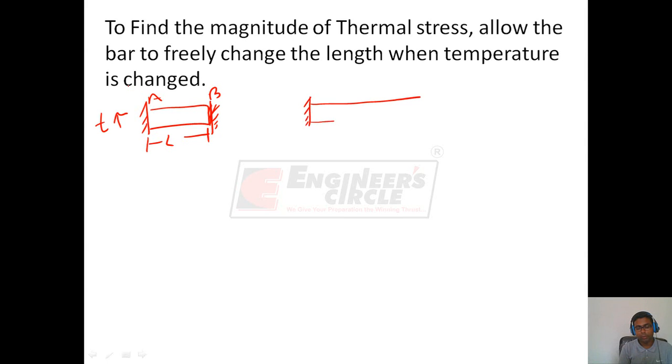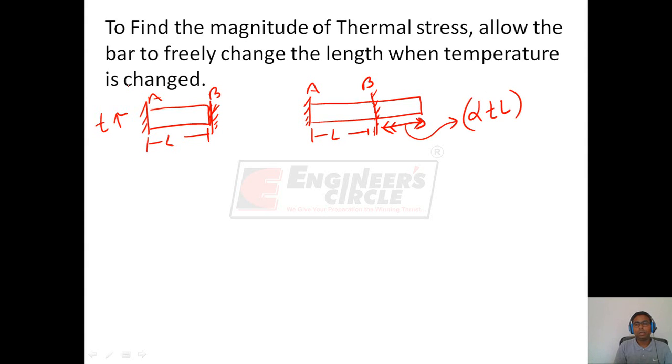Here, the support was there, the original length was L, this is A, this is B, but we have allowed the bar to freely expand since temperature increases. Therefore, this bar is trying to increase in length by this much amount. This elongation will be alpha TL, as we have seen.